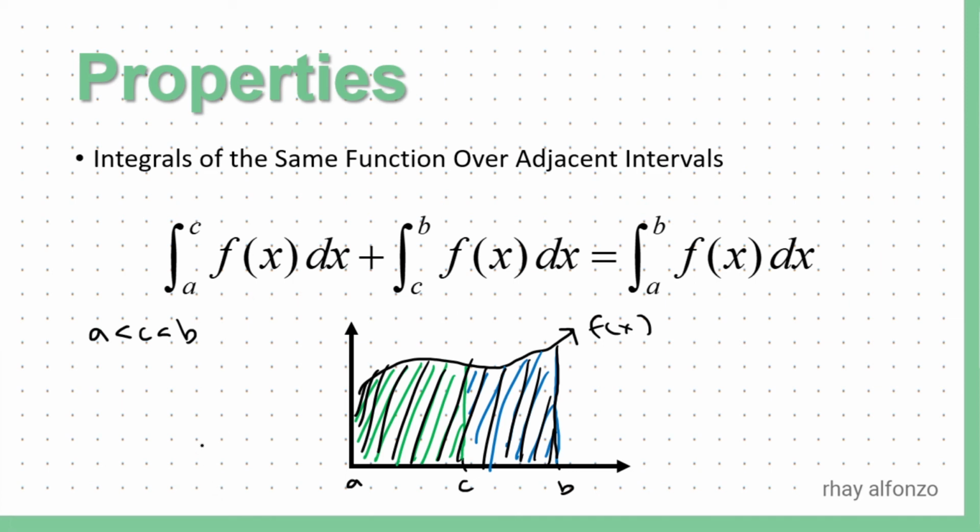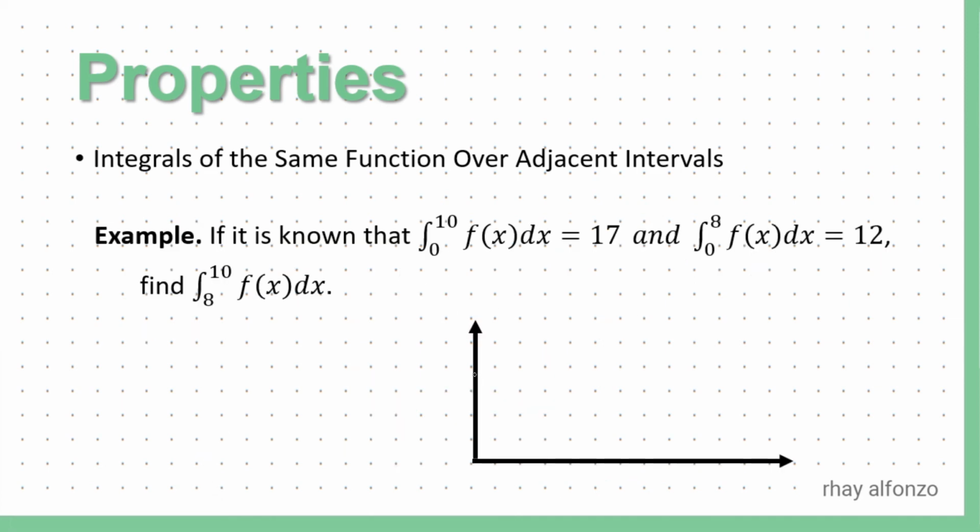So we can manipulate this property algebraically when one of the three is missing. So that would be for our next example. If it is known that the integral of f of x dx from 0 to 10 is equal to 17, and the integral of f of x dx from 0 to 8 is equal to 12, find the integral of f of x from 8 to 10.